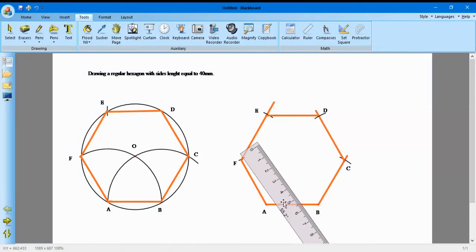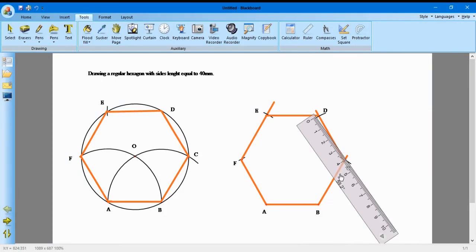We just turn this. Okay. 40, you can see it here. Okay, 40.